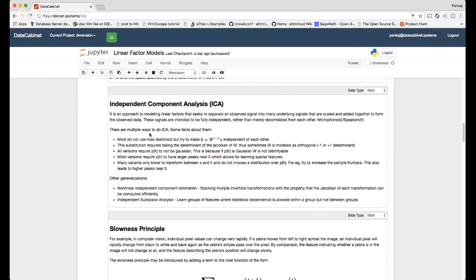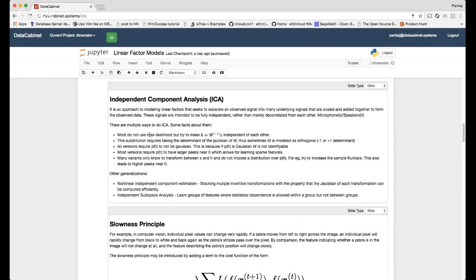Generally, he says that it's not a generative method. It's not trying to figure out a distribution on H or X. They're just trying to make a transformation from X to H so that H can be made independent. So generally, it will not do maximum likelihood, but try to get this H from X such that the components of H are independent of each other.